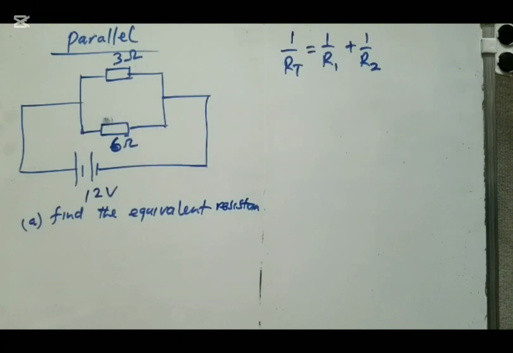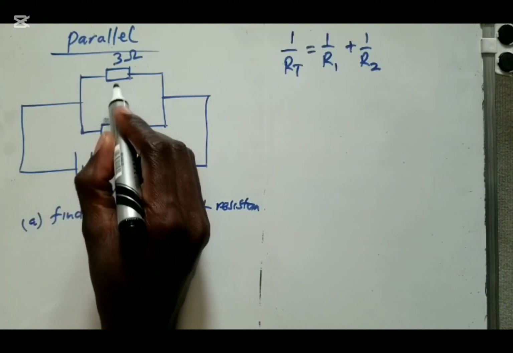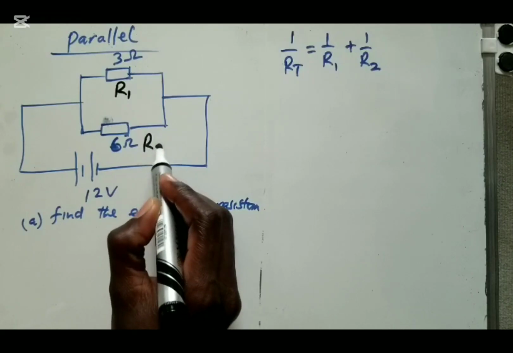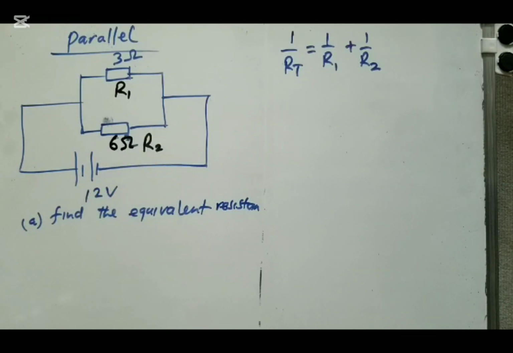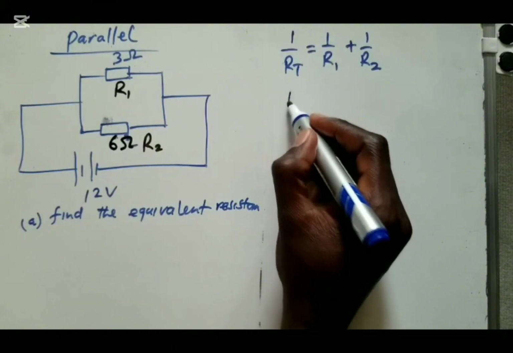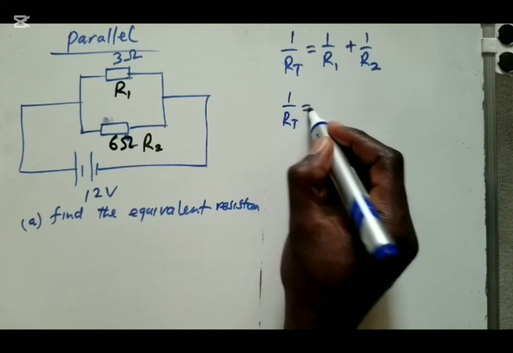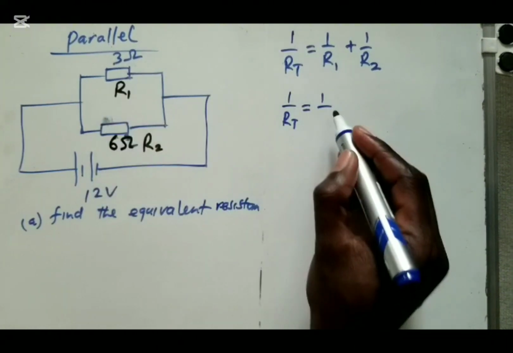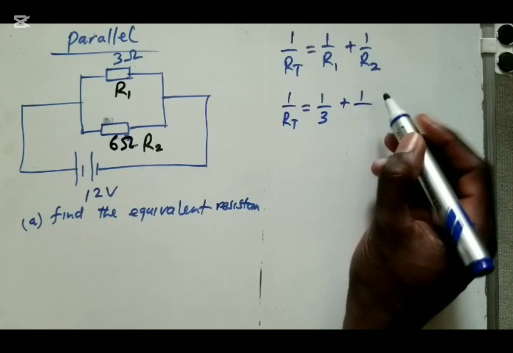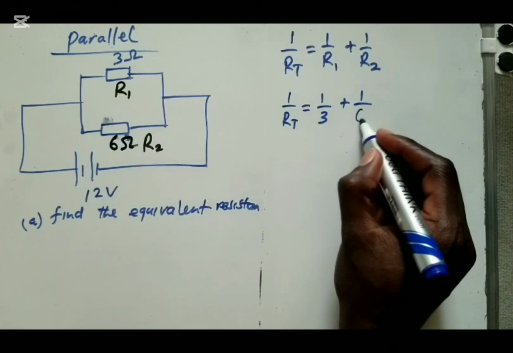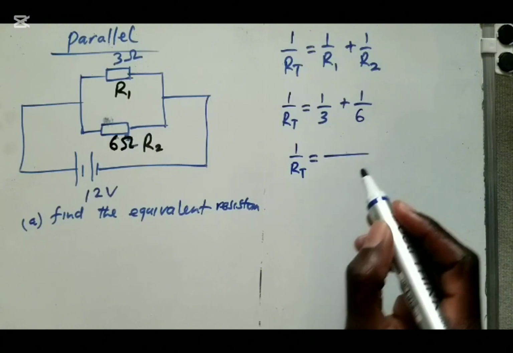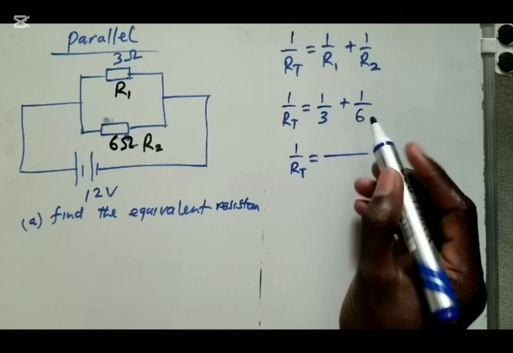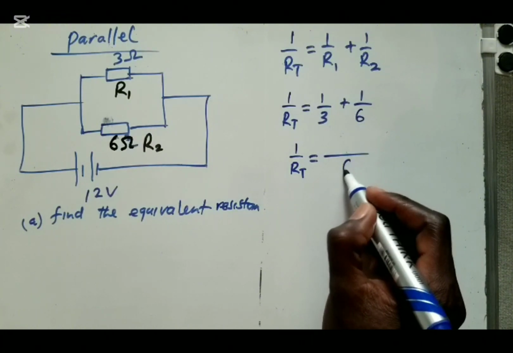Let me call this one R1 and this one R2, which is a 6 ohms resistor. So 1 over R total is equal to 1 over resistor 1, which is 3, plus 1 over resistor 2, which is 6. You find the common denominator where 3 and 6 can go into, the lowest, which is 6.